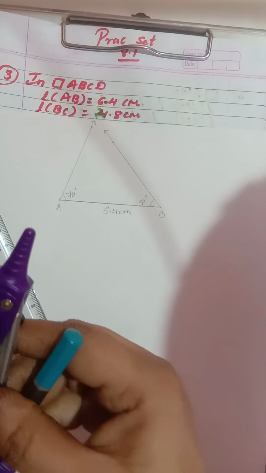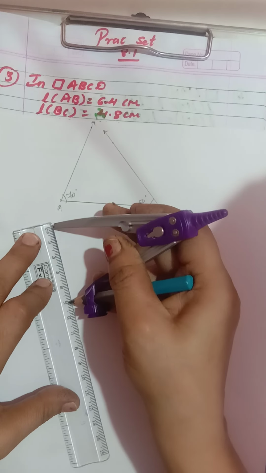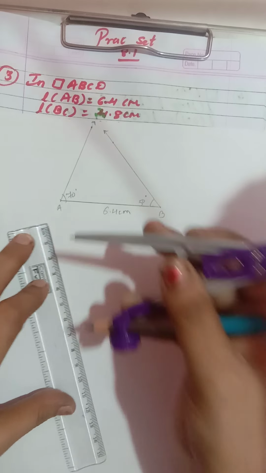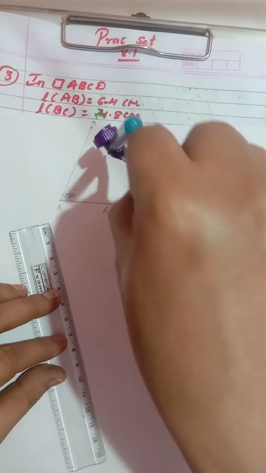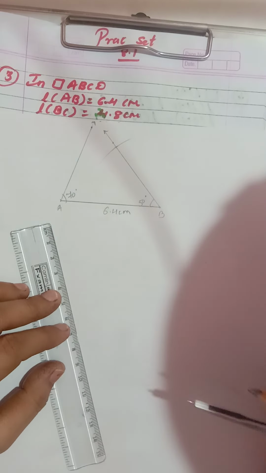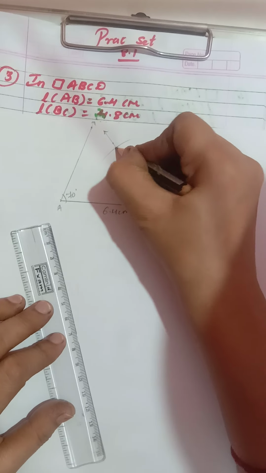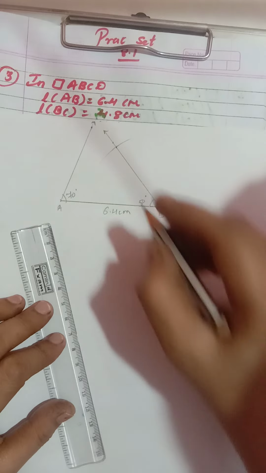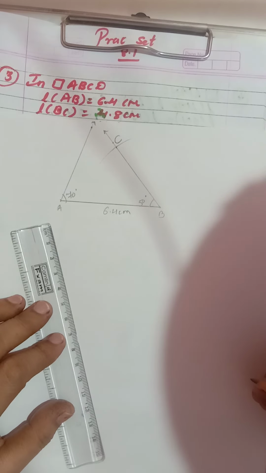So take your compass and open the radius as 4.8 centimeter. Now children, you are going to mark one arc on this arm of the angle, taking radius 4.8 centimeter. Now the point where your arc intersects is nothing but your point C of the quadrilateral.